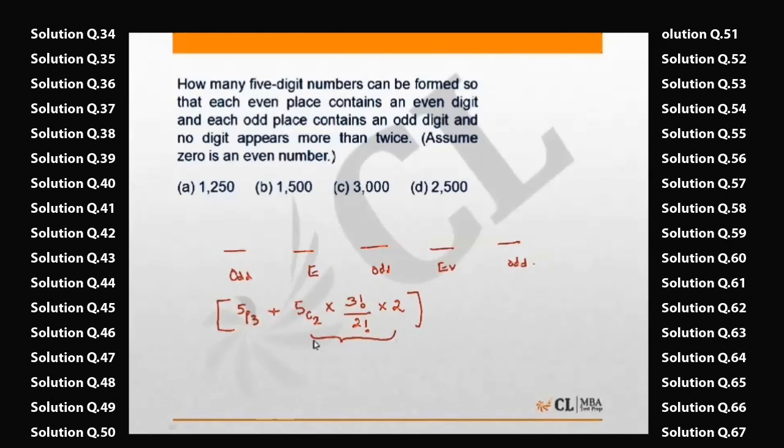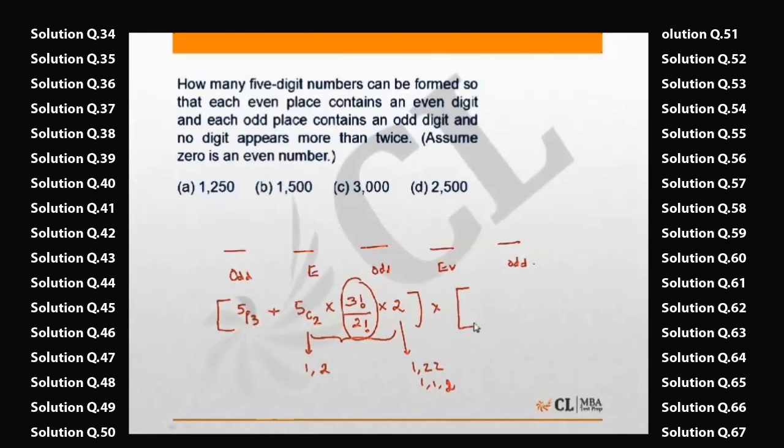To clarify this point, imagine you choose the numbers from 5C2 as 1 and 2, and so the 2 cases that you will get are 1 2 2 and 1 1 2, and 1 2 2 can be arranged in 3 factorial by 2 factorial, and 1 1 2 can also be arranged in 3 factorial by 2 factorial ways. So that's how we get this term.